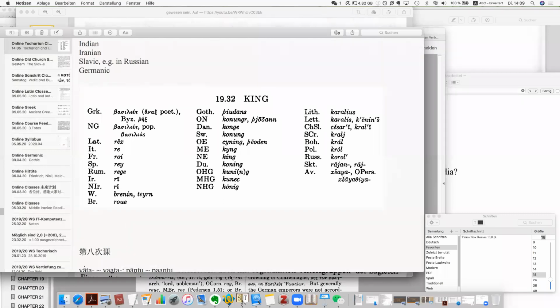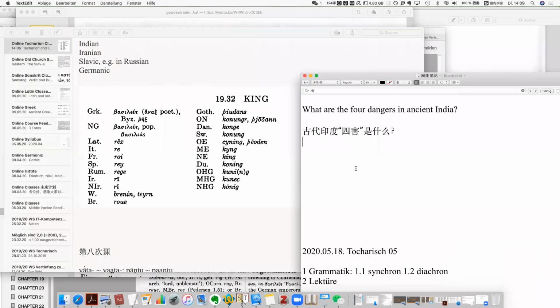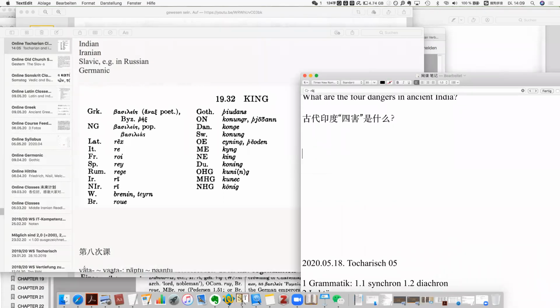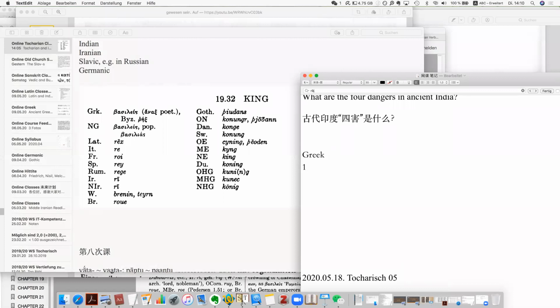For now, I just want to tell you that we have two words in Greek: first basileos, second anax. So here comes the question: which one is older? Can you give me a guess? Which one is older, basileos or anax?